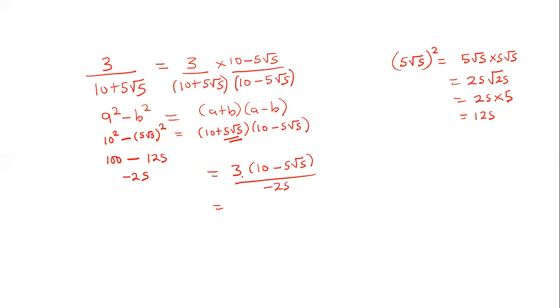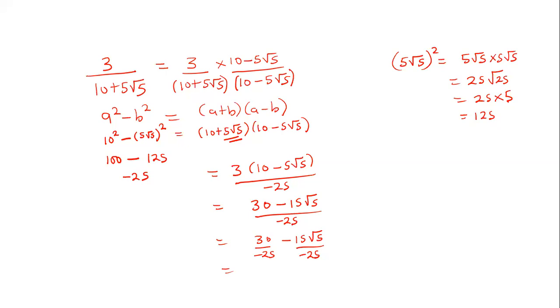I can continue and write it as: entering the 3, I have 30 minus 3 times 5, which is 15, root of 5, divided by negative 25. This is the same as 30 out of negative 25 minus 15 root of 5 out of negative 25.